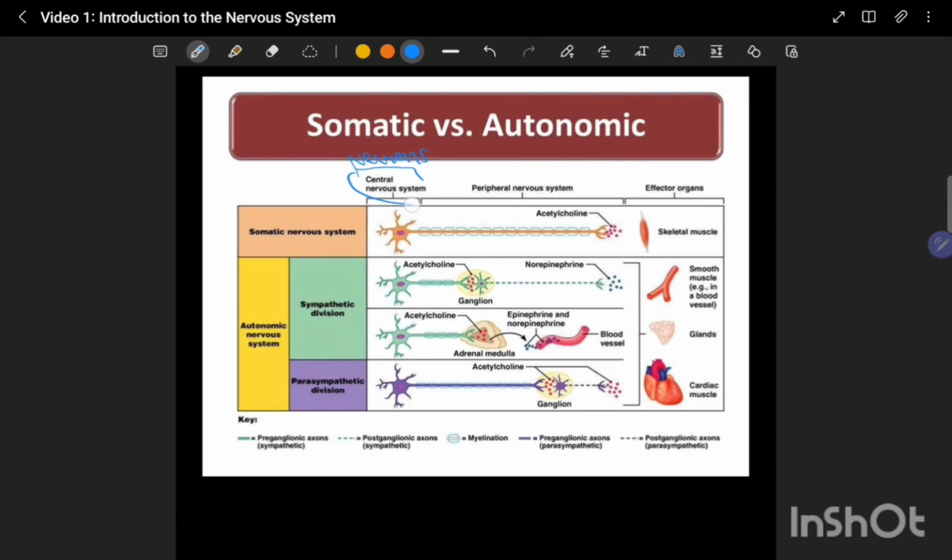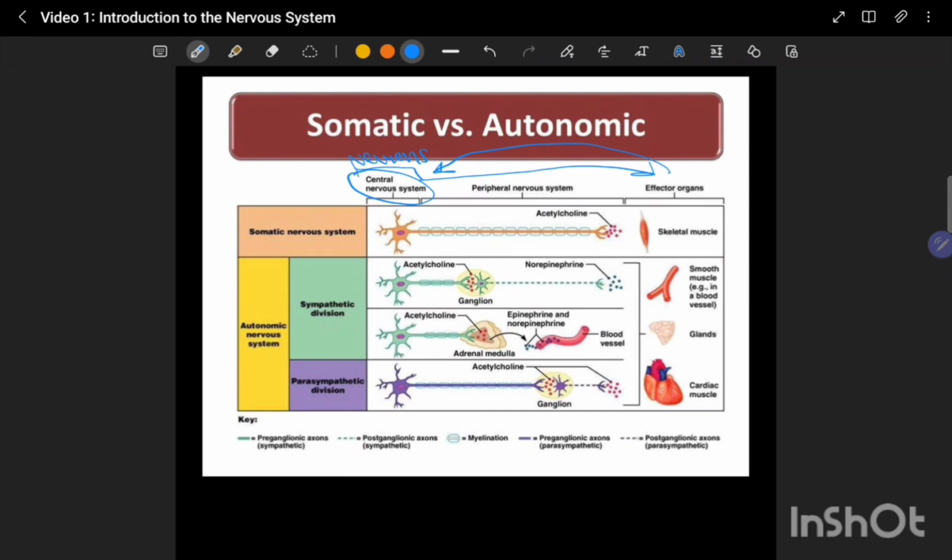We're talking about central nervous system, and then everything that has to happen from that point of contact with the central nervous system to get a signal to an effector organ, or vice versa. When we have a sensory receptor receiving information from the environment, this is the pathway it has to take to get back to our spine and our brain. So that's all this chart is about. You don't have to understand everything here. You don't have to understand the neurotransmitters involved, but I want to point out some characteristics of the somatic versus the autonomic system.